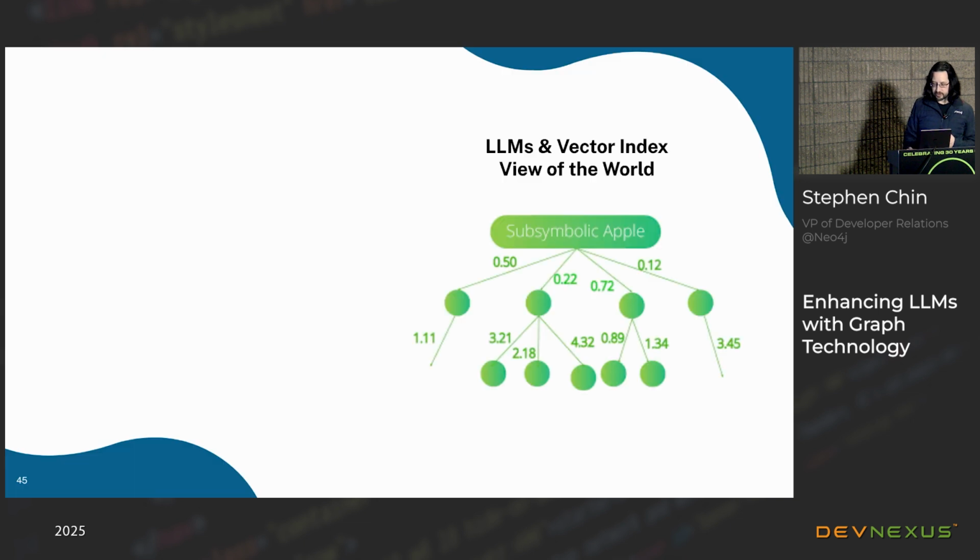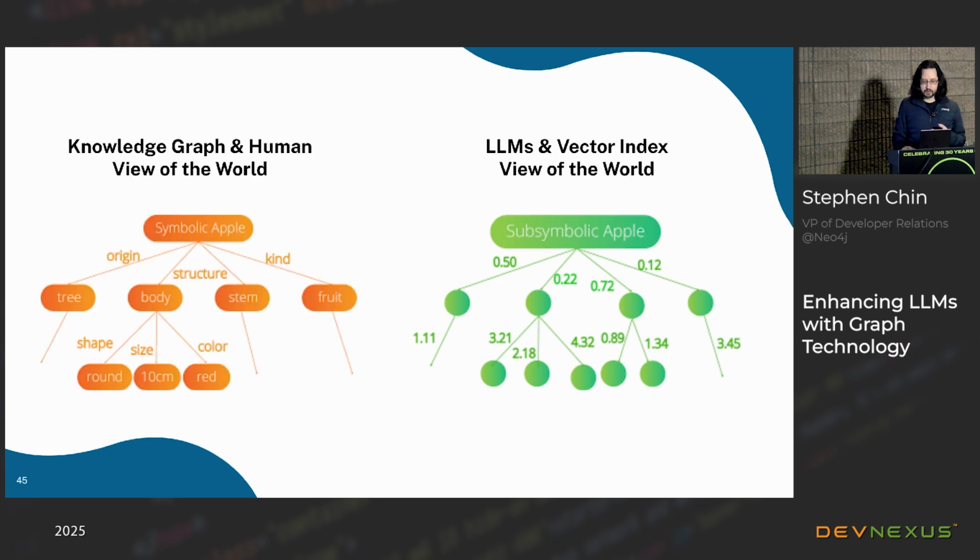So it's a very suitable form of representing data, and also a form which is much more tailored towards how humans think. This is the representation of an apple in the vector symbolic view. So it's statistical, right? You see percentages and distances in a probabilistic form. This is a representation in a graph database with nodes and relationships.